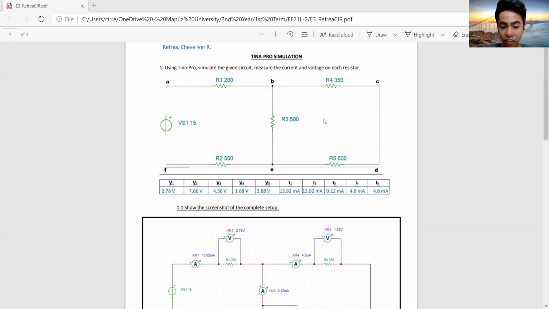Kirchhoff's current law is one of the fundamental laws used for circuit analysis. His current law states that for a parallel path, the total current entering a circuit's junction is exactly equal to the total current leaving the same junction. This is because it has no other place to go, as no charge is lost.